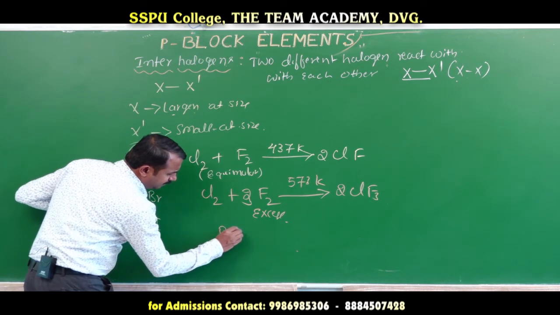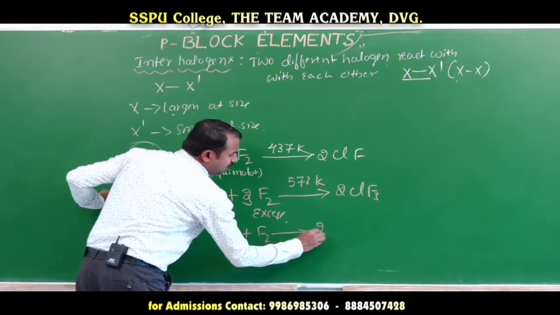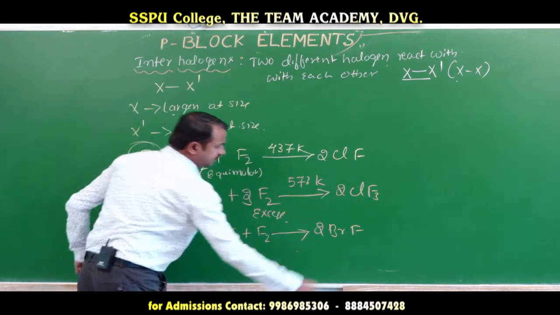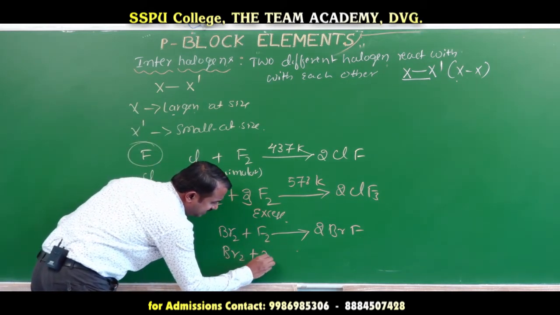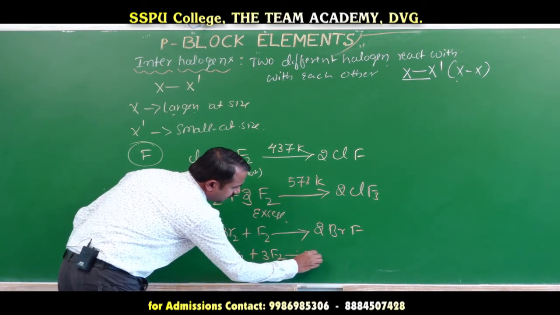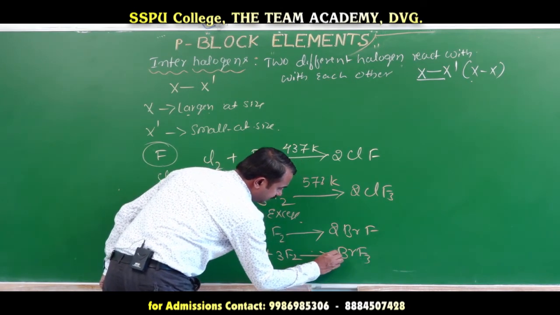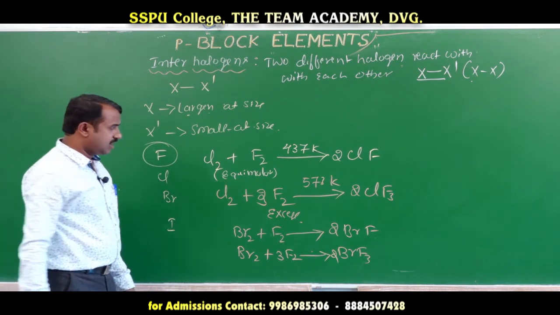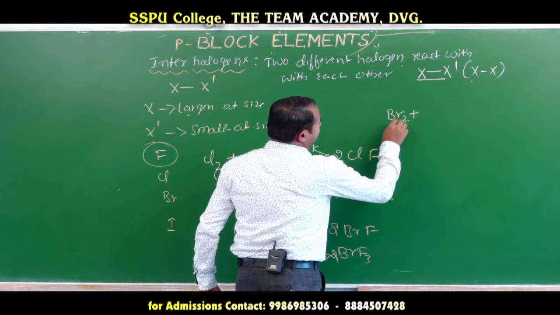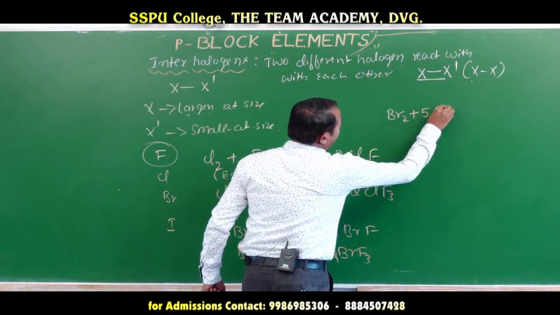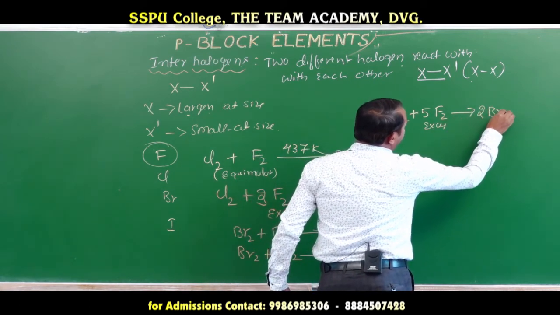Or bromine reacts with 5 molecules of fluorine, excess fluorine, to form 2BrF5.